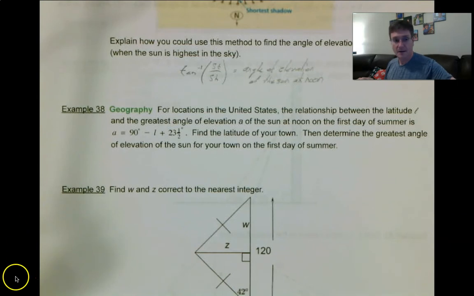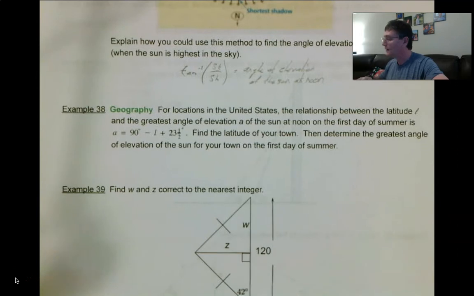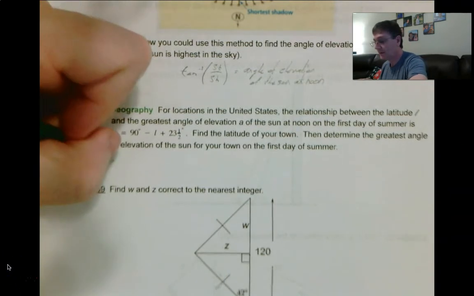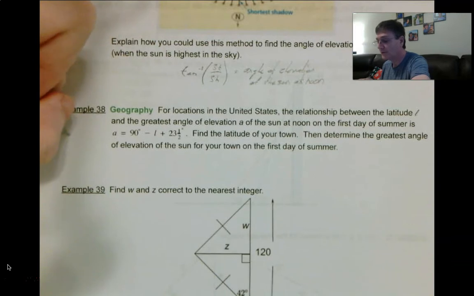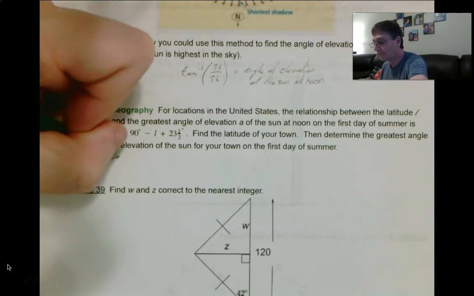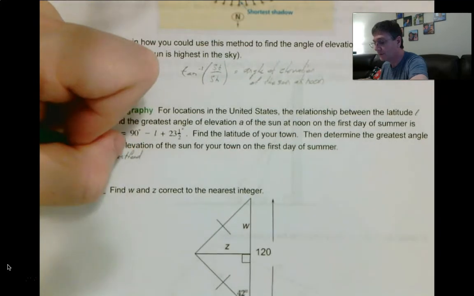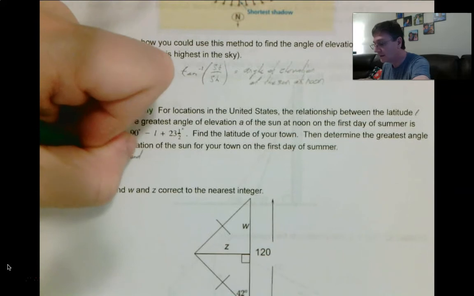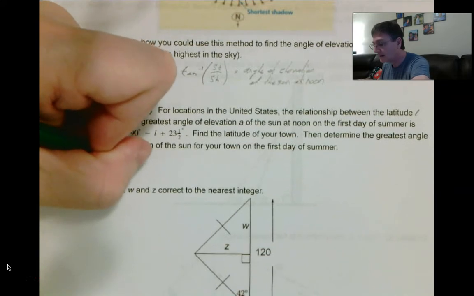So I found the latitude for Westford on a previous section. Let me go look that up. So when I looked up the latitude for Westford, it's 42.5793.